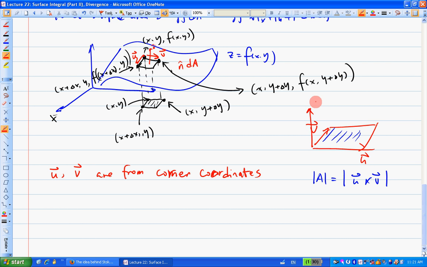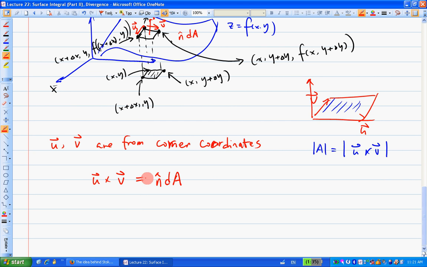So u cross v essentially gives me n hat dA. dA is the magnitude, n hat is the direction. The key step is: use this coordinate, subtract that coordinate, get the two vectors, and then do the cross product to get n hat dA. That's what happened in my lecture notes.